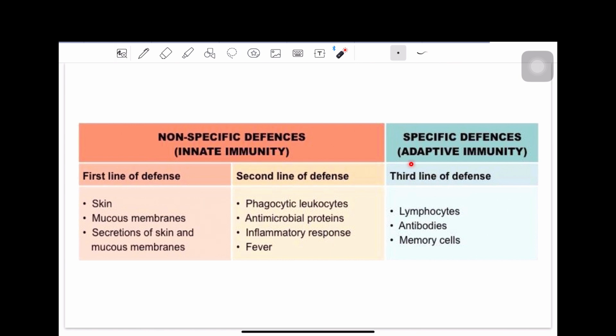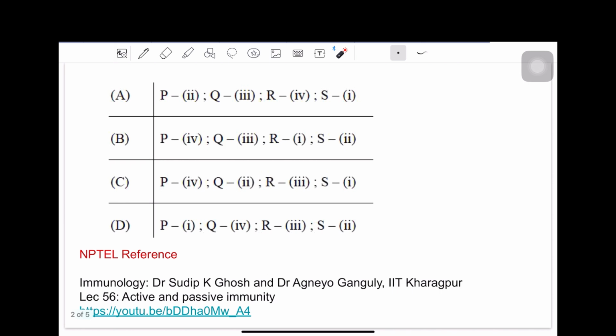So that is how the third line of defense works, and that is how our body finally gets rid of any foreign pathogen. So this is the first and the second and the third line of defense that we discussed.